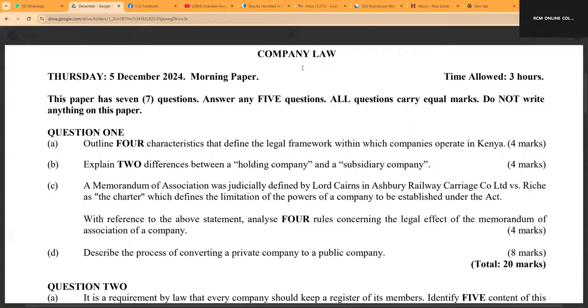So a holding company is simply a company that has a shareholding in another company. They can own 10%, 20%, 30%. While a subsidiary is a company whose shares have been owned by another company in the majority, which means more than 50%.